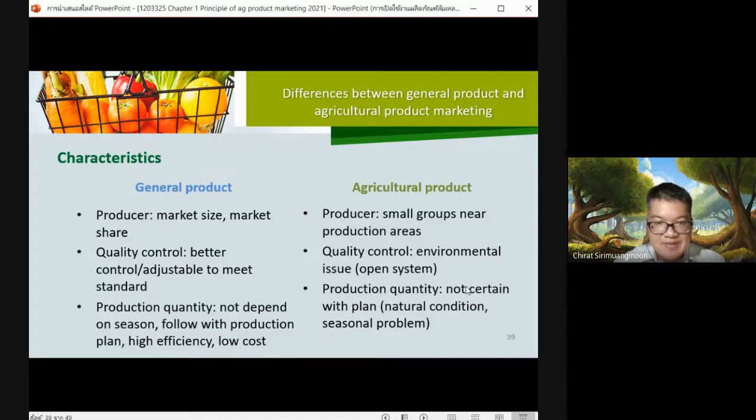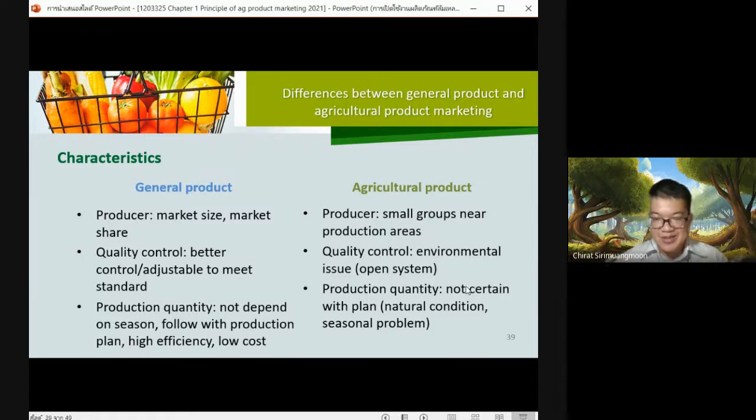Then think about characteristics. In terms of general products, the producers concern themselves with market size and market share. But for agricultural products, the producers are mostly small groups.